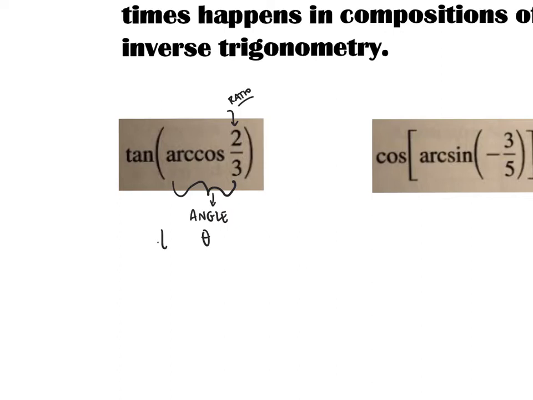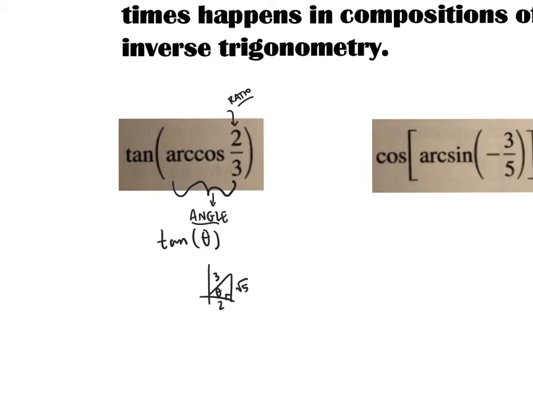If I want to know tangent of theta, I just take the opposite over the adjacent side. This angle that is yielded from arc cosine of 2/3, if I'm dealing with cosine, is either in quadrant 1 or quadrant 2. Since cosine is positive in quadrant 1, I'm going to draw myself a triangle where the cosine of theta is 2/3. Using the Pythagorean theorem, I would get an opposite side of square root of 5.